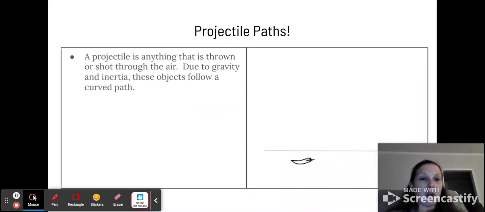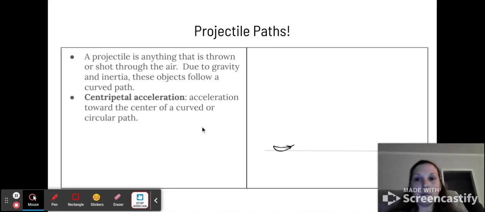When we have falling objects, we can actually look at the pathway they take as they fall. When we're looking at an object moving through the air, we tend to call this a projectile. Most projectiles will have a curved path, and this is due to gravity exerted on the projectile as well as inertia, which we'll study with Newton's laws.